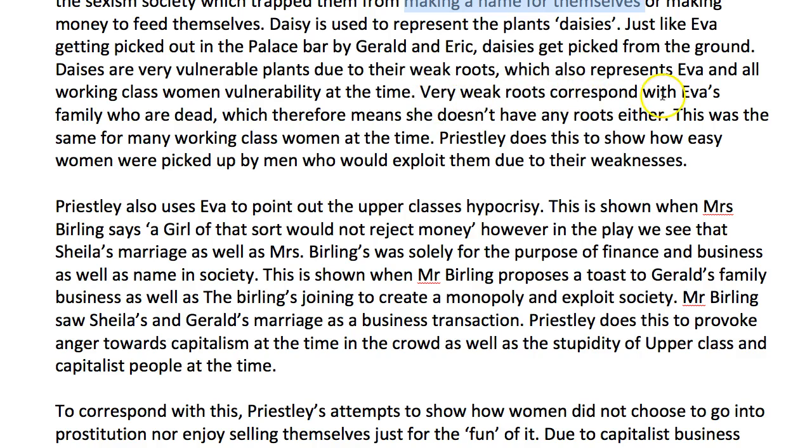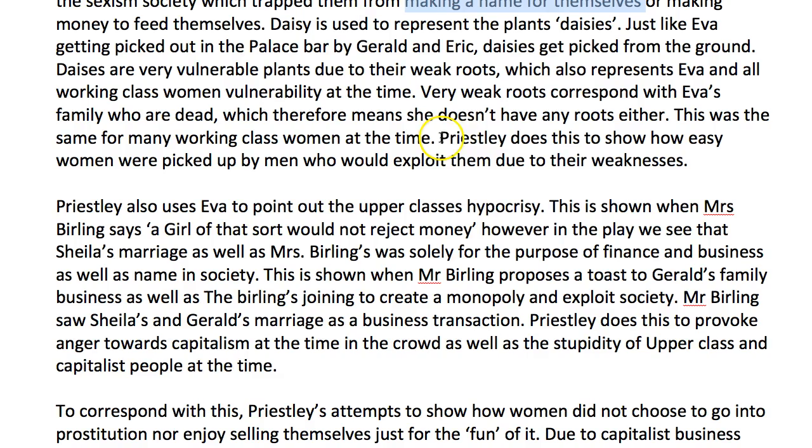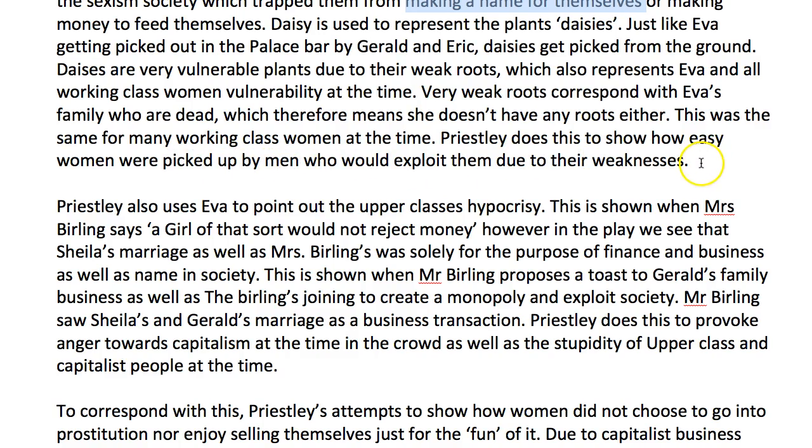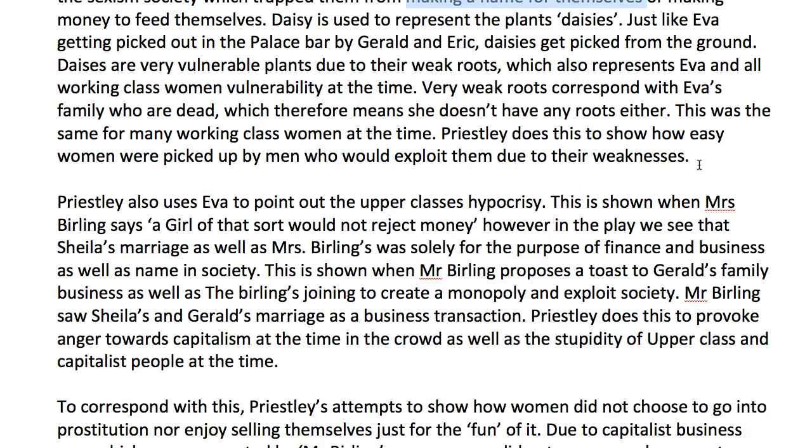Very weak roots correspond with Eva's family who are dead, which therefore means she doesn't have any roots either. This was the same for many working class women at that time. Priestley does this to show how easily women were picked up by men who would exploit them due to their weaknesses. That's a very well made paragraph.